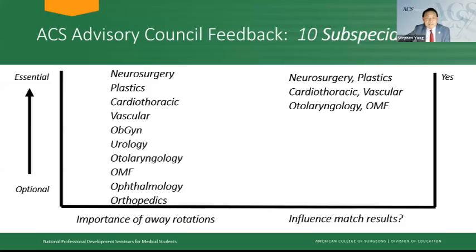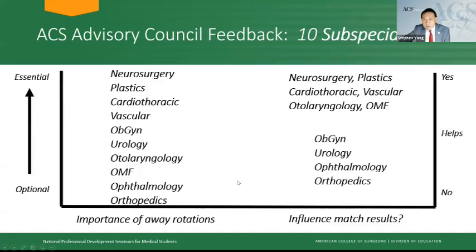If you did spend time there, it positively influenced your ability to get a good match. Some other subspecialties were lukewarm as far as whether it helped you. It mainly helped you in getting an interview, but not necessarily push you up on the rank list for OBGYN, urology, ophthalmology, and orthopedics.